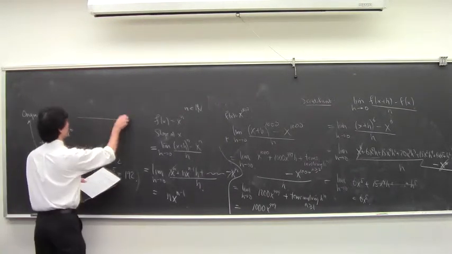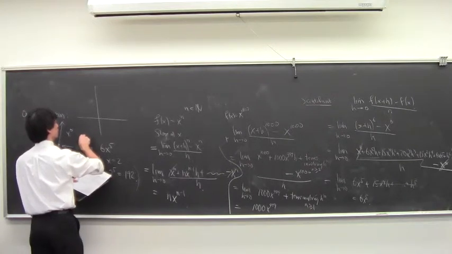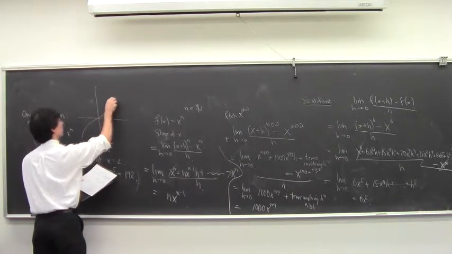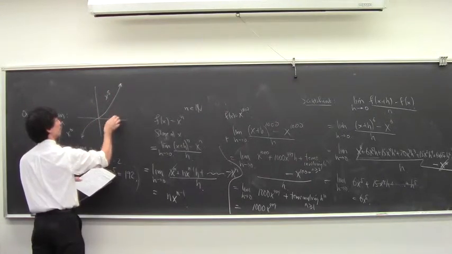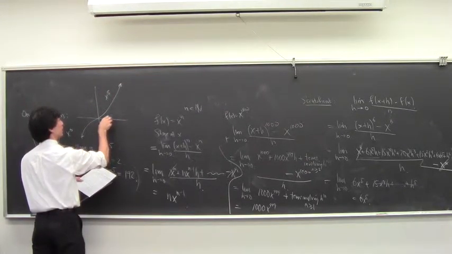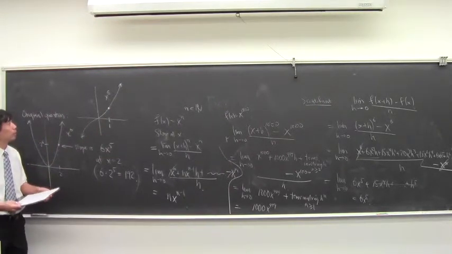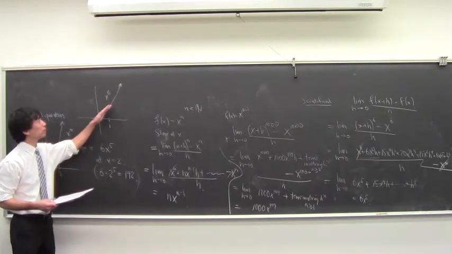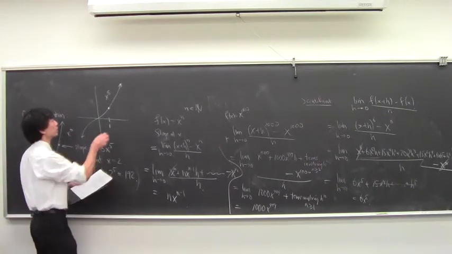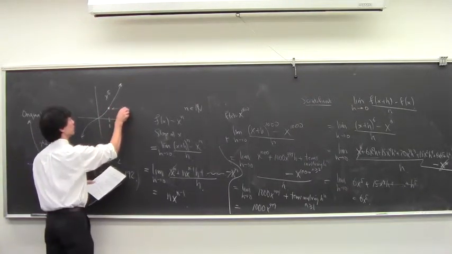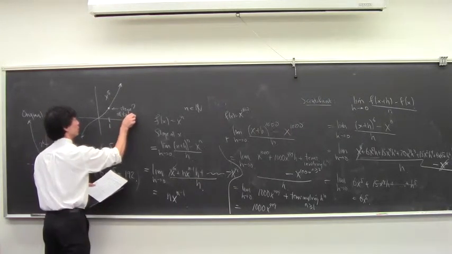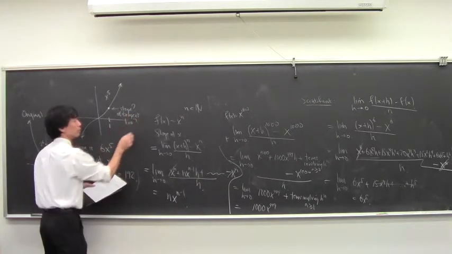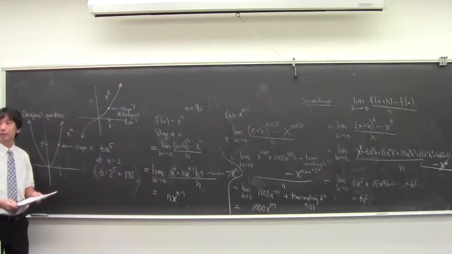Okay. So if I gave you another one, say we look at x to the 5th at 1, and I say, what's the slope? What's the slope of the tangent line there?